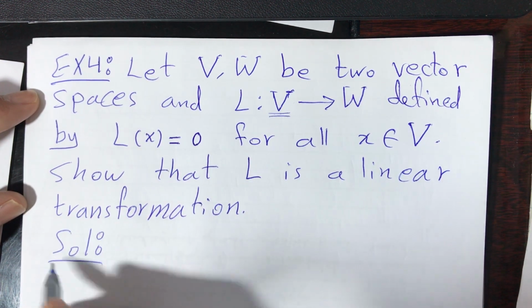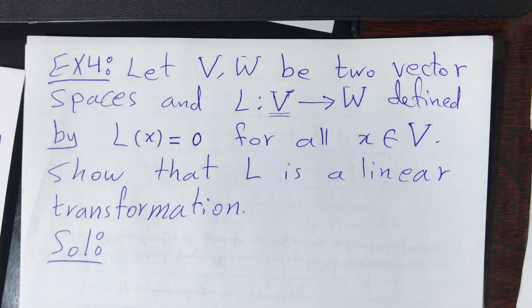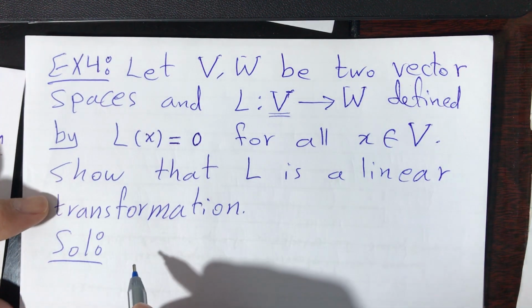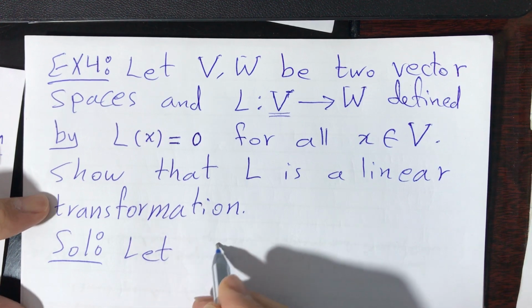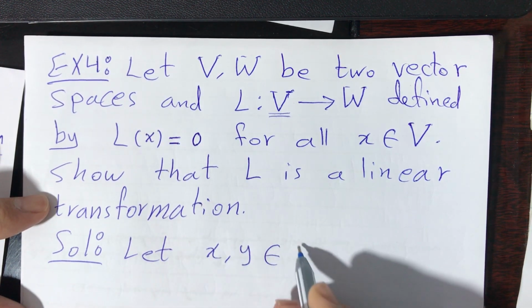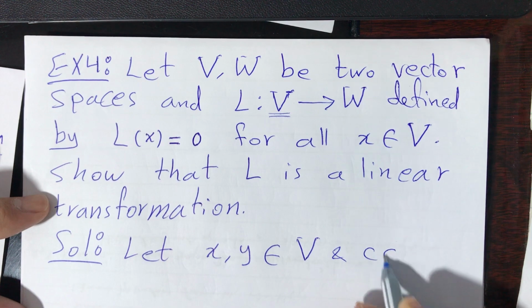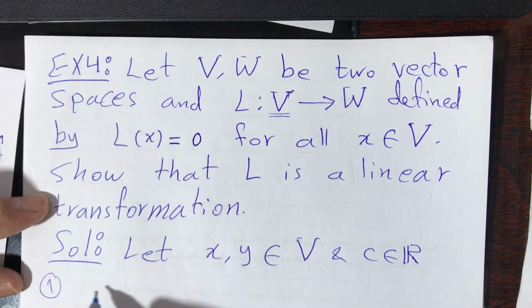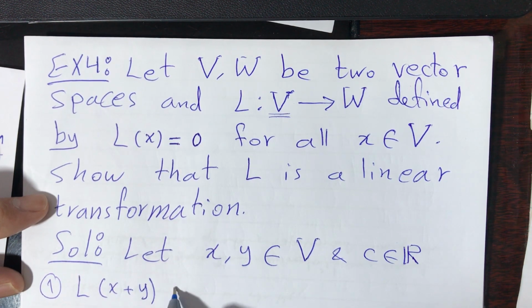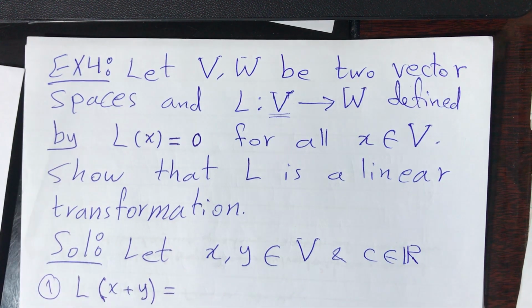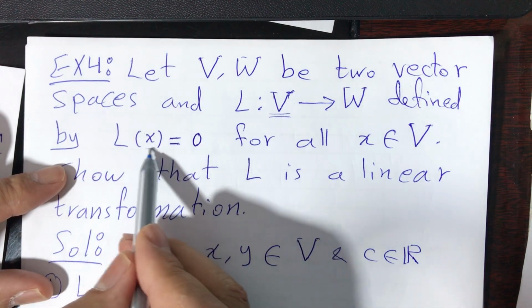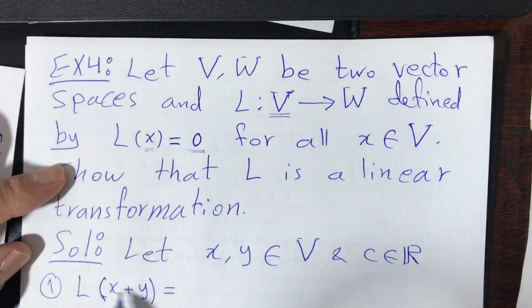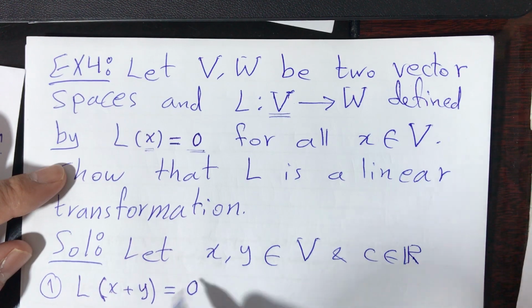Solution. Let x, y belong to V and c belongs to R. Now we try to satisfy the two conditions. The first condition: L of x plus y. In our example, L of x equals 0, so L of x plus y also equals 0.